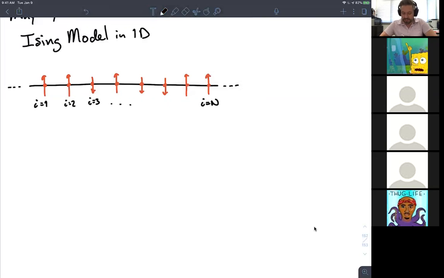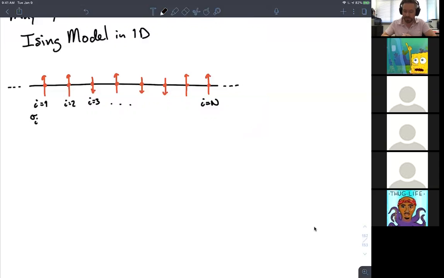With each of these N electrons, we associate a variable that describes the orientation of that particle's magnetic moment or spin. I think this is one thing I forgot to explicitly say last lecture. We're identifying with each electron this variable that we call sigma_i that describes the orientation of the spin or the magnetic moment.